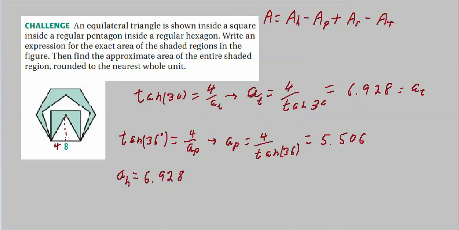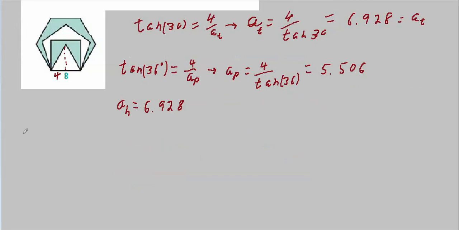So now what we need is some room to work, don't we? Might as well start with the smallest one. Capital A sub t, area of the triangle. We know our altitude, so we get 1/2 the altitude times the base.